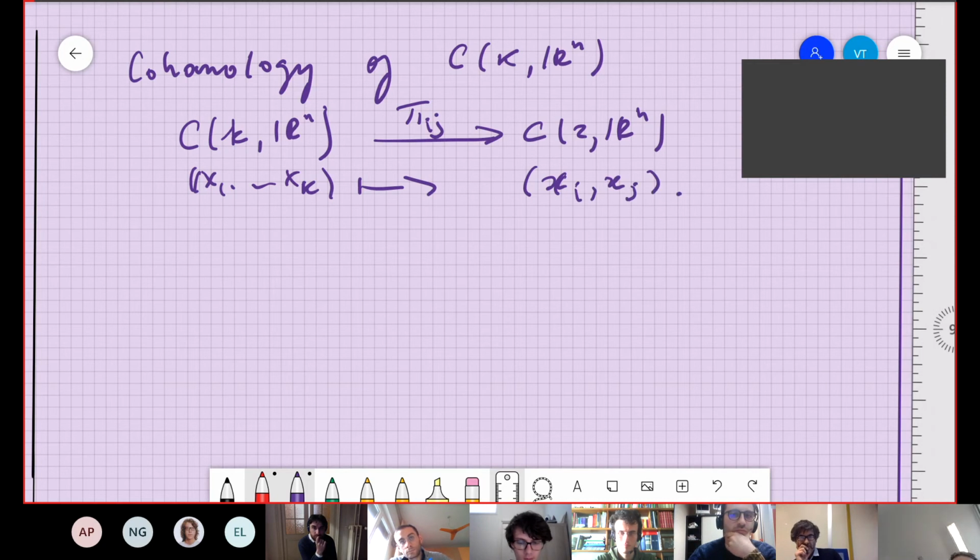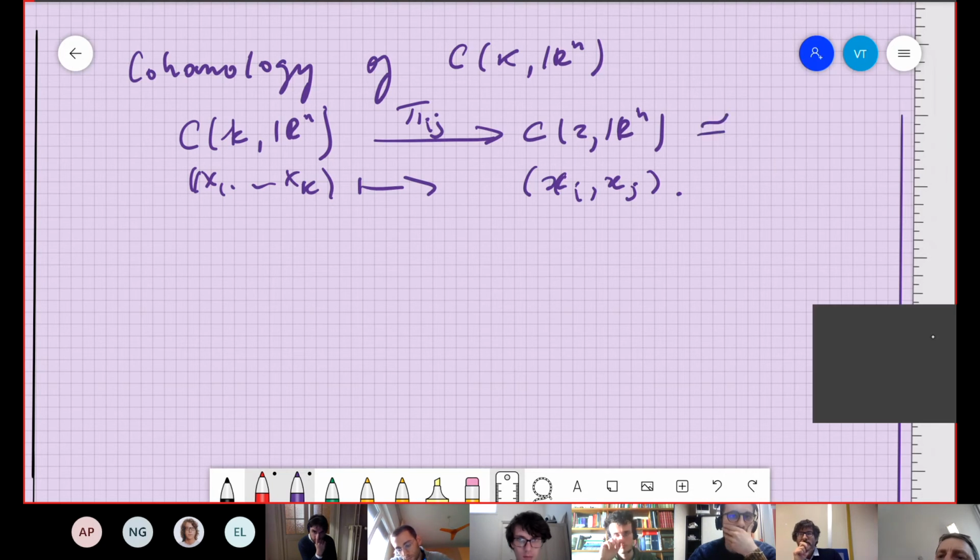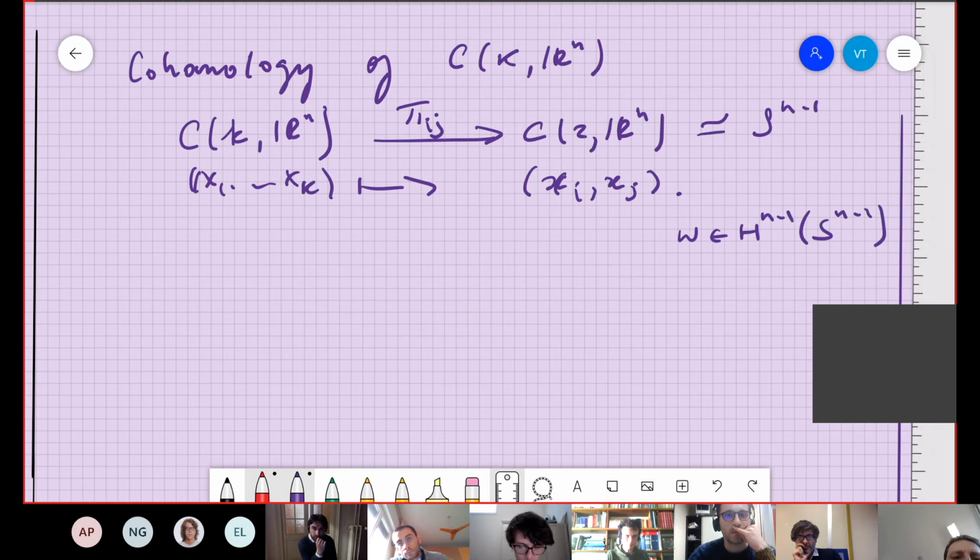This is homotopy equivalent to a sphere. So what we can do is take the generator omega of degree n minus 1 cohomology, and take its pullback. We define alpha ij as the pullback of this class.